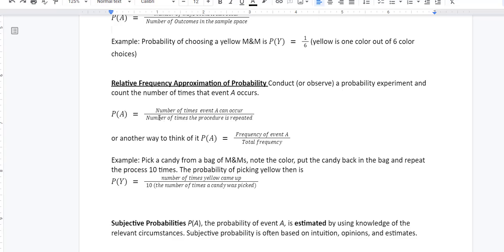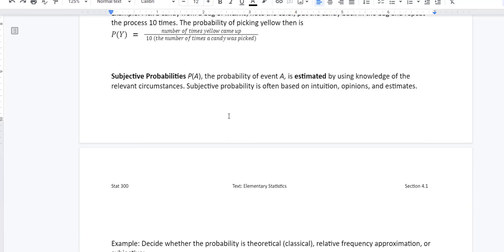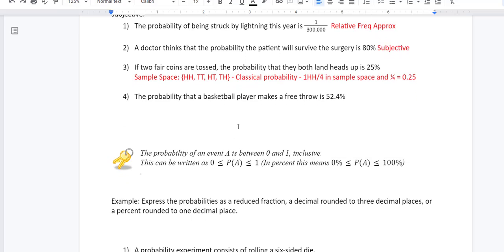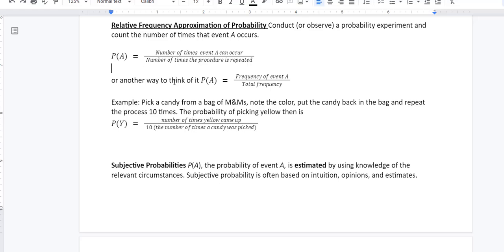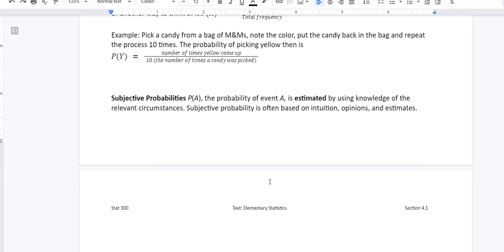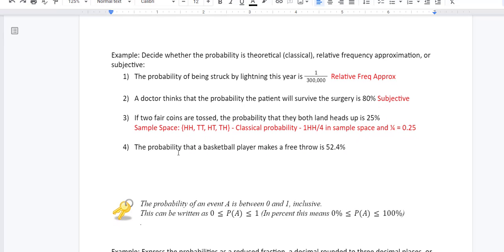So I will say that's the number of times the procedure is being repeated. And then we're keeping track of how many free throws were made. The procedure is throwing the ball, free throws, and then we're keeping track of whether he or she makes them. So I will say this is relative frequency approximation.